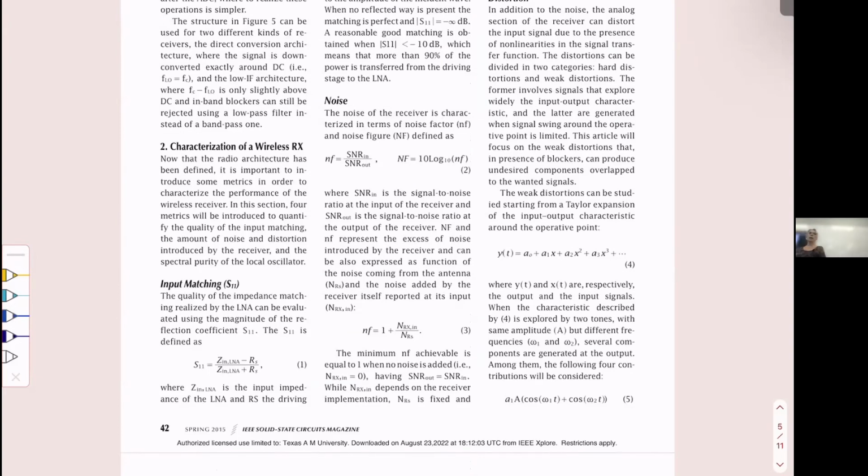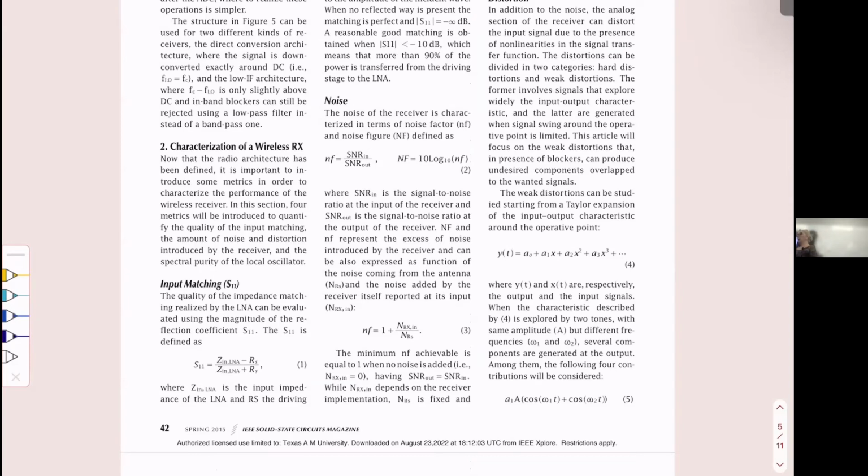Noise is everywhere in an electronic system and in a component, and it comes from different parts of the system. Ohmic loss practically becomes noise.